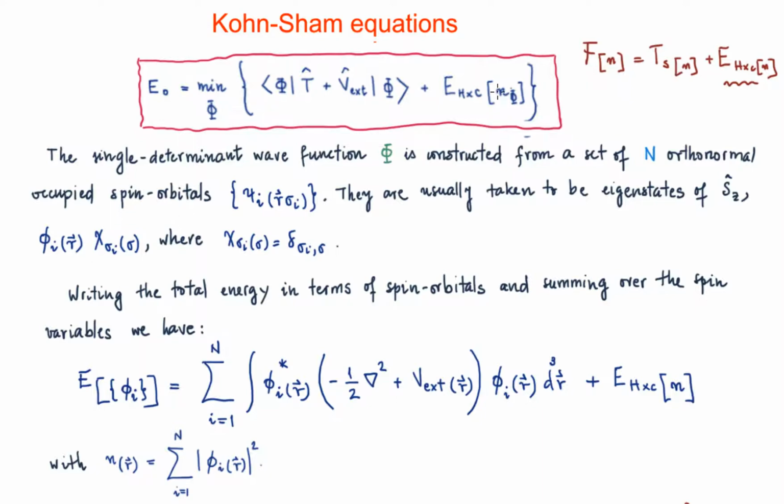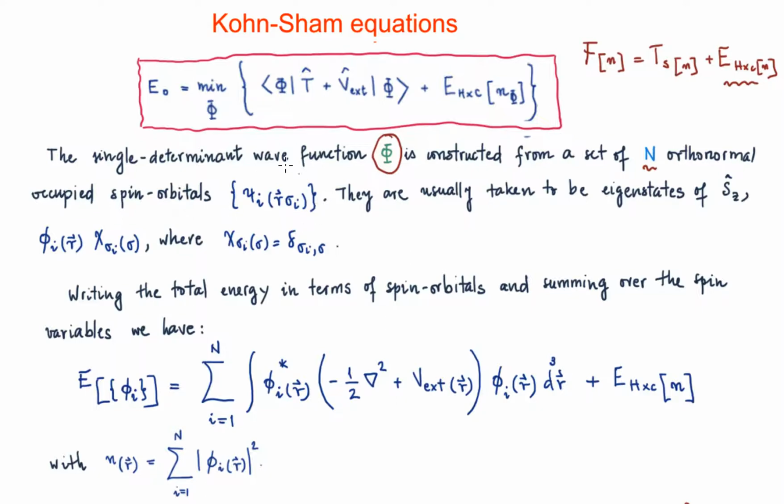So basically, the result we were getting is that instead of doing the minimization with respect to the density, we could do the minimization with respect to this single determinant wave functions that we're using to describe this non-interacting electron system. So this single determinant wave function, which is basically this Slater determinant, is constructed from a set of n, because we have n electrons, orthonormal occupied spin orbitals.